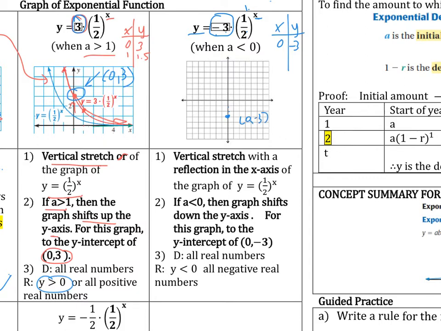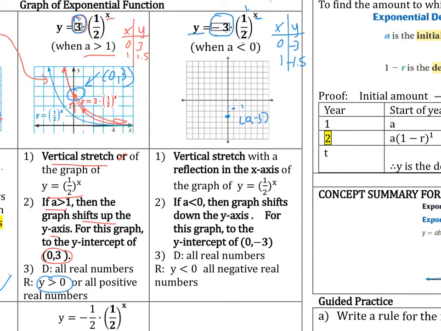And then I'm going to use 1. So half to the first power is still half, times negative 3 is negative 1.5. So I'm going to plot that as well. Okay, as long as I have 2 points, I can go ahead and draw the graph.